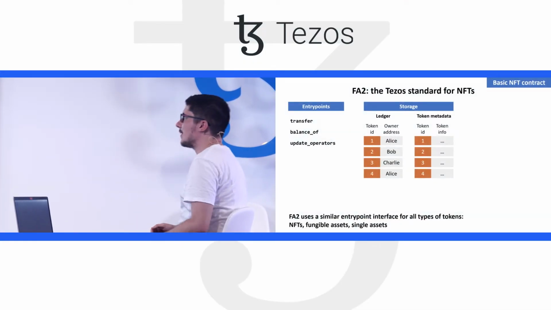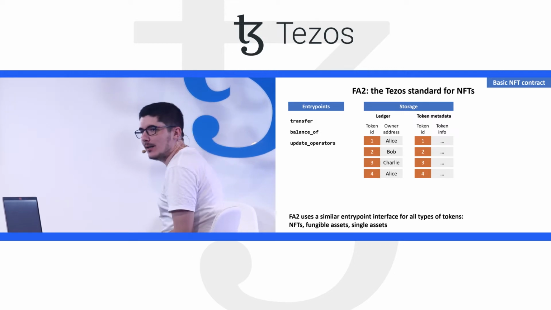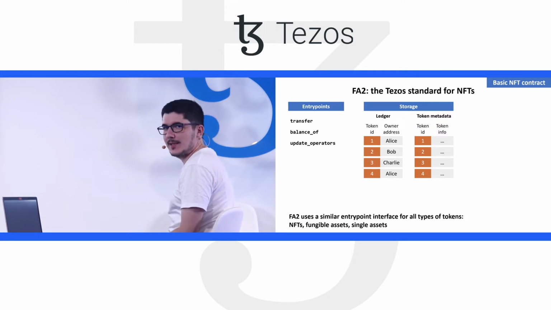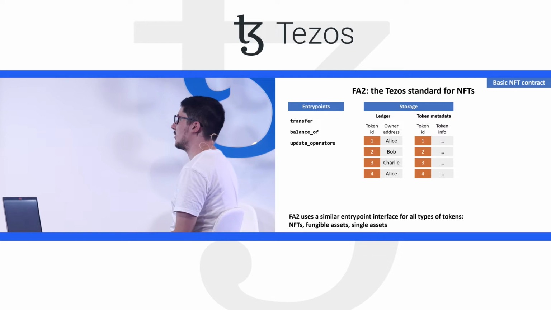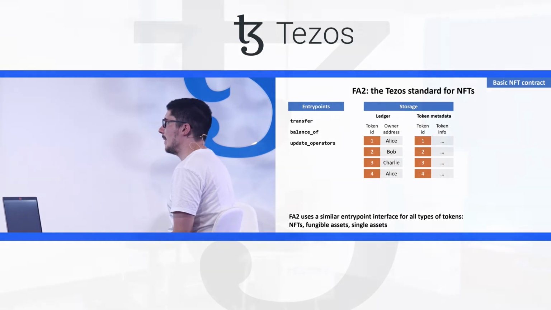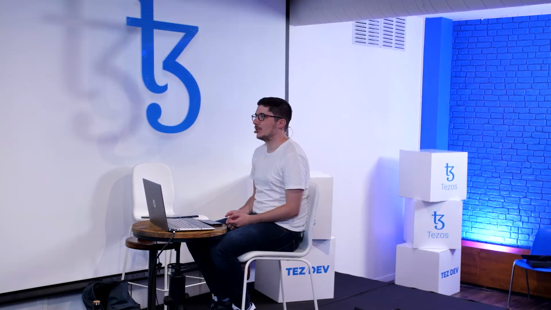So on Tezos, NFTs are built with the FA2 standard. It's the standard that describes what an NFT contract is. An NFT contract should have at least 3 entry points. The transfer entry point to transfer NFTs, balance_of to get to know who owns which NFT, and update_operators to give special permissions to some users.